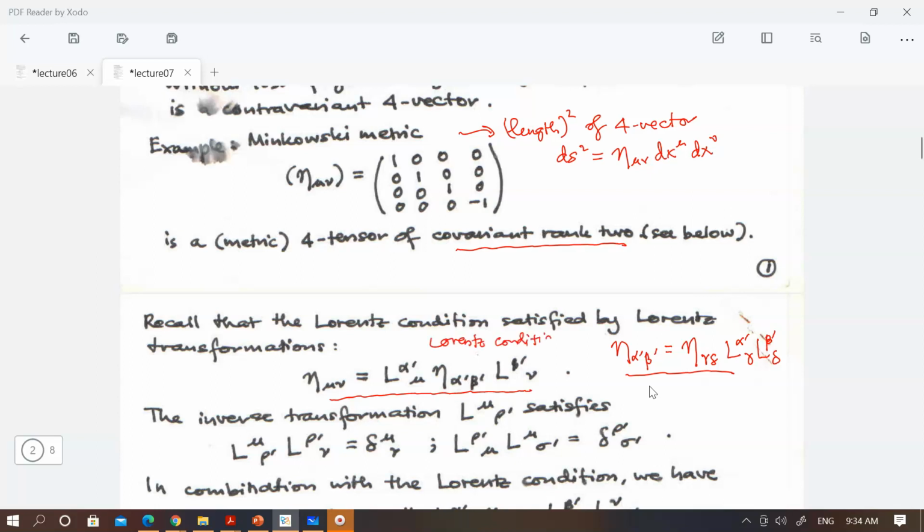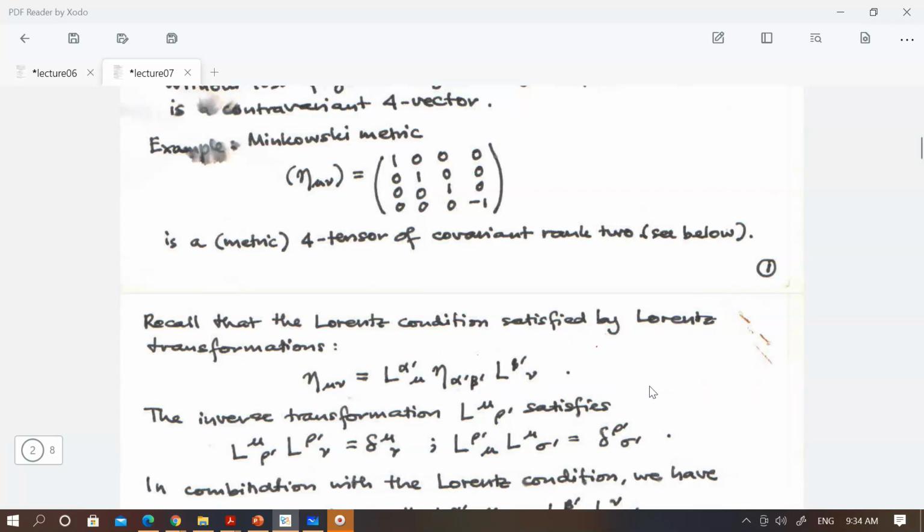Instead of using the dashed coordinates appearing on the left hand side, you can make it the undashed coordinates appearing on the left hand side, and then you get this particular thing. I think I made a mistake somewhere. Oh, sorry, silly me.